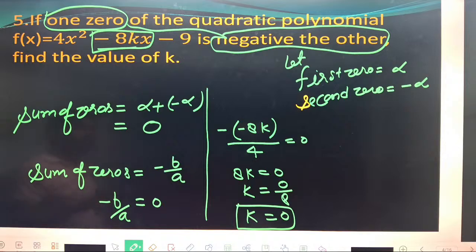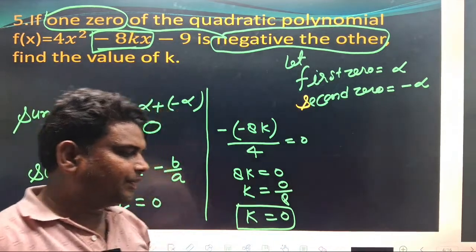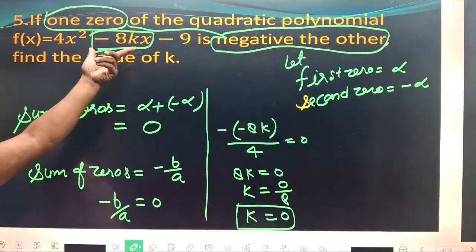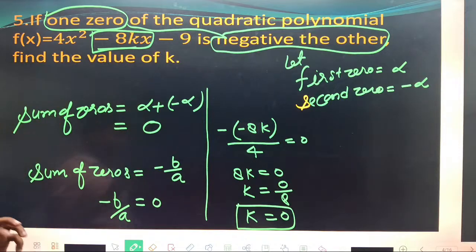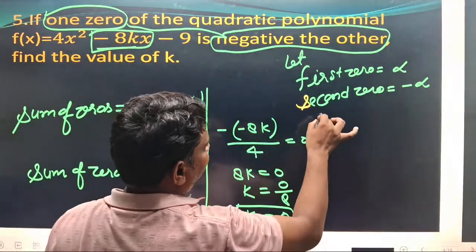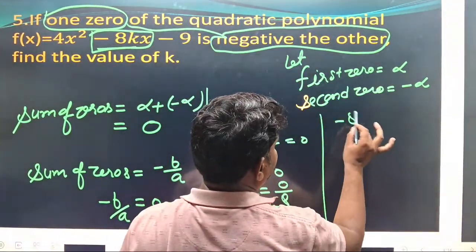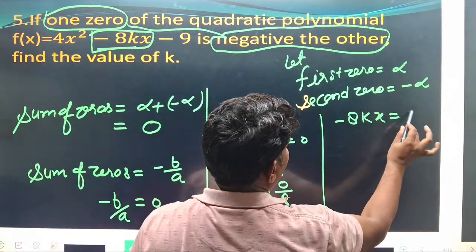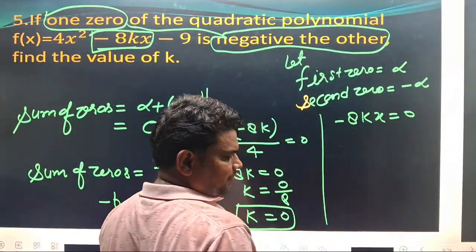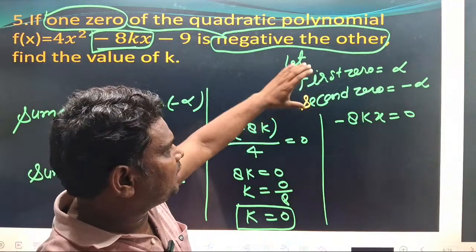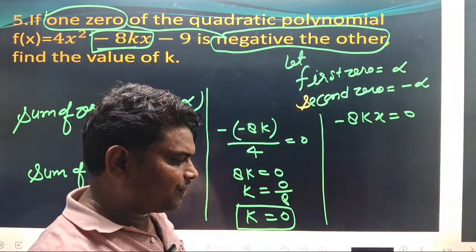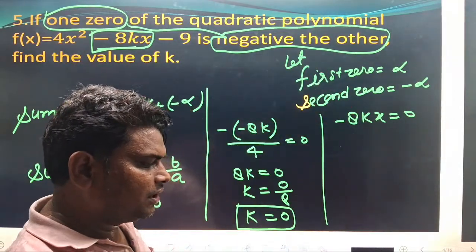If one zero is positive and the other zero is negative of the same number, then the linear term, minus 8kx, is always 0, because the zeros are positive and negative.